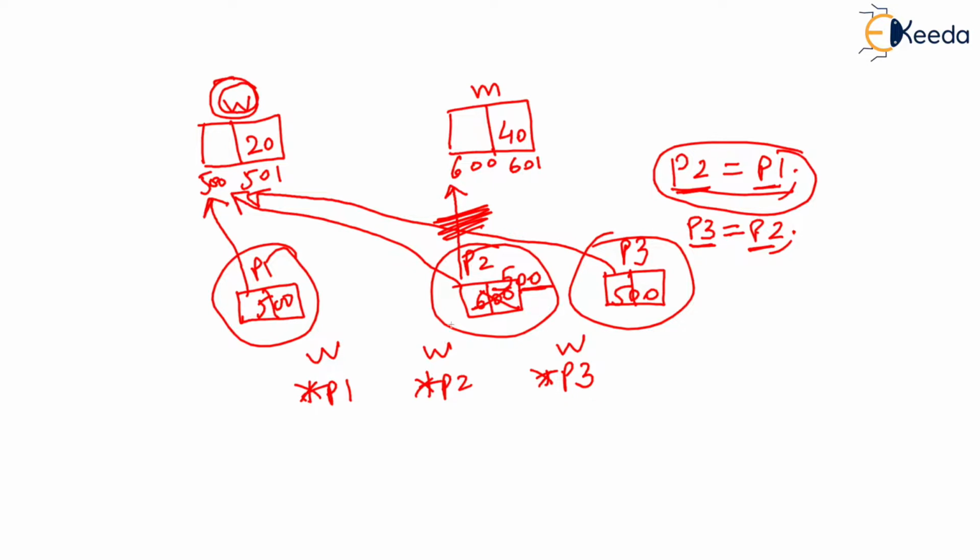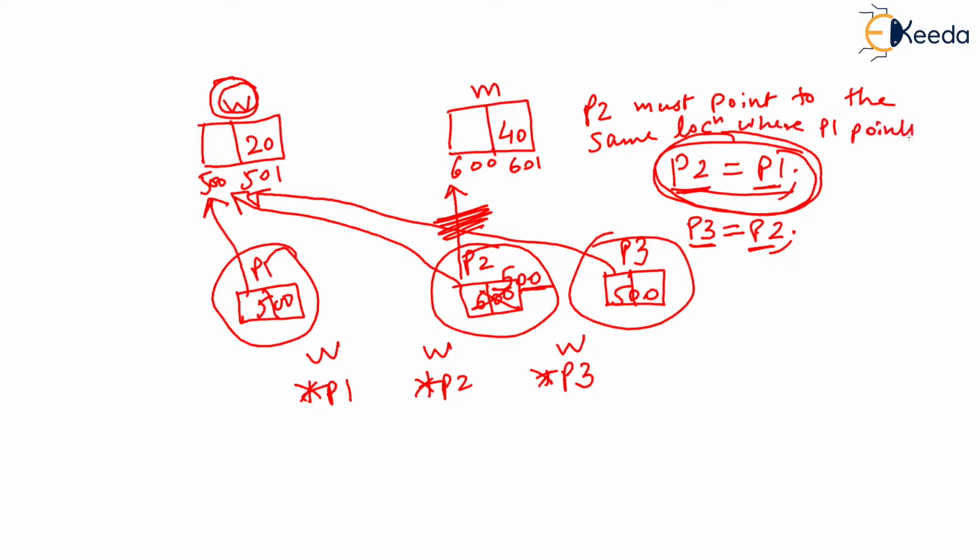Now, as a layman, how do I read this line, P2 equal to P1? I read it as P2 must point. P2 is a pointer, isn't it? P2 must point to the same location where P1 points. So wherever P1 is pointing, P2 will point at that same location.